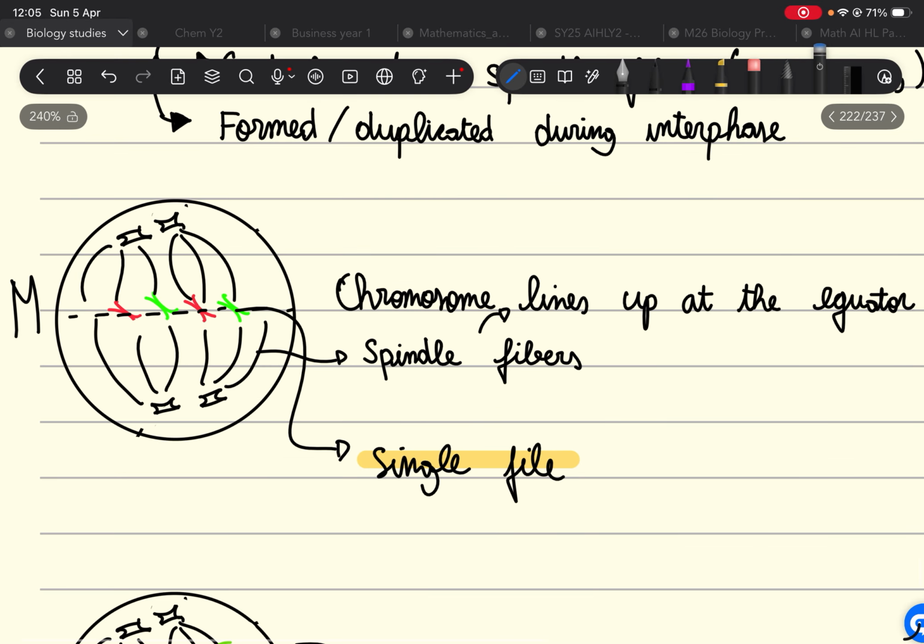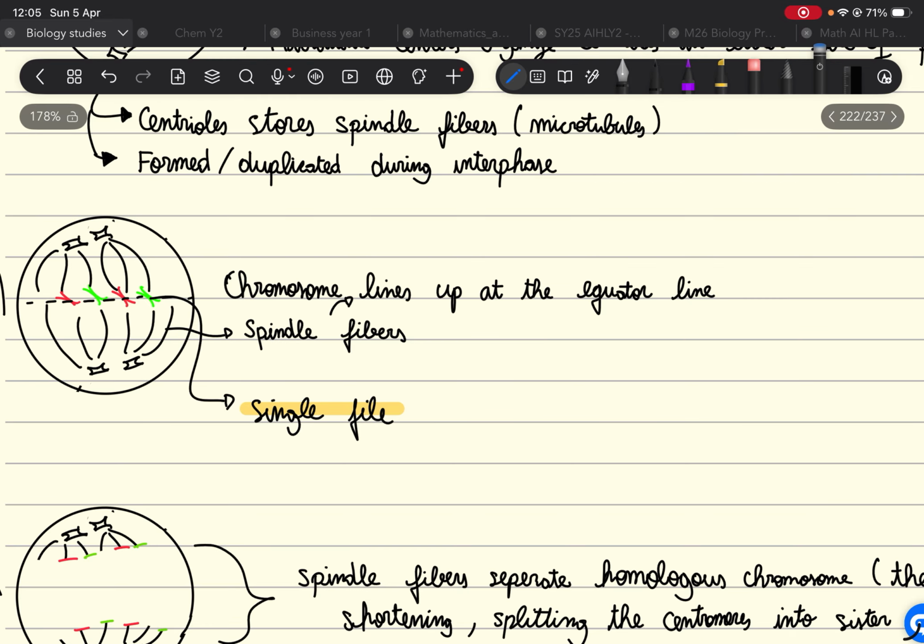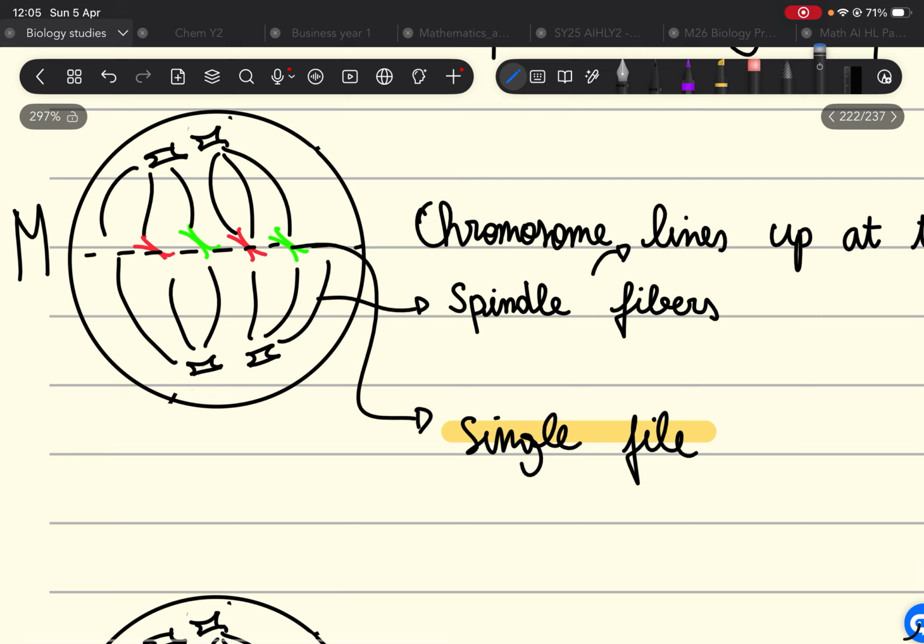Now, in the metaphase, it's all about lining up in the middle. So the chromosomes line up at the equator line. That's the terminology. If you look at the map, you see the equator line. So just remember that. And the microtubules, look, they release some spindle fibers.